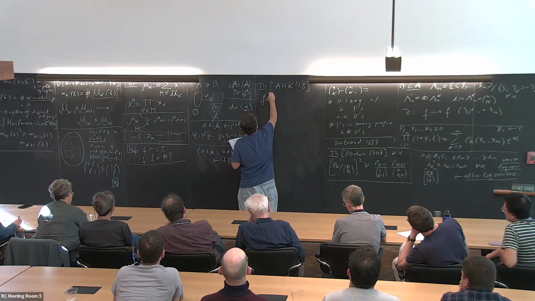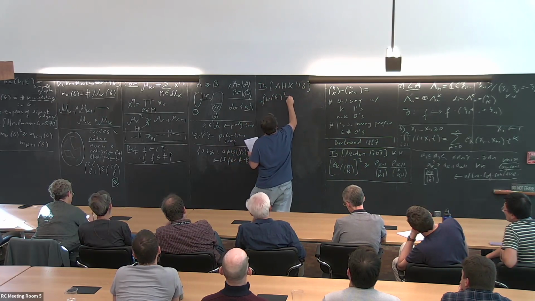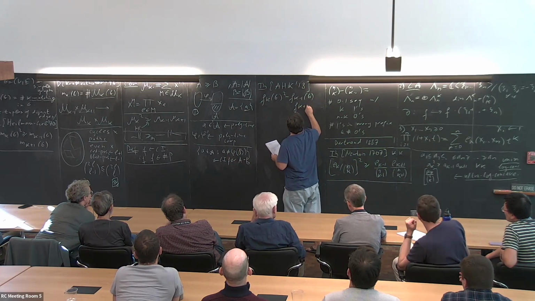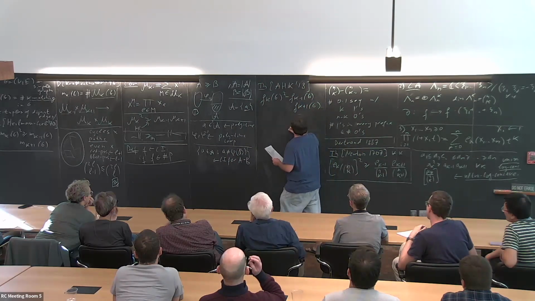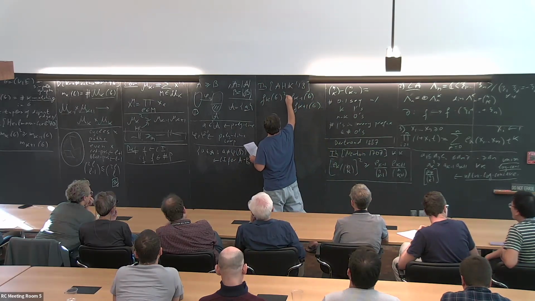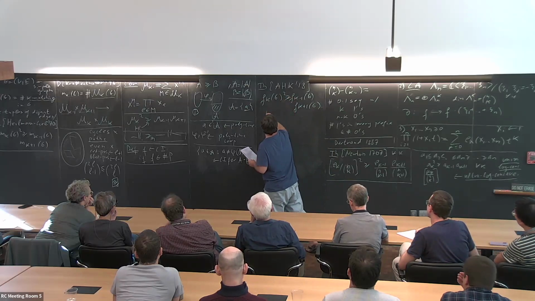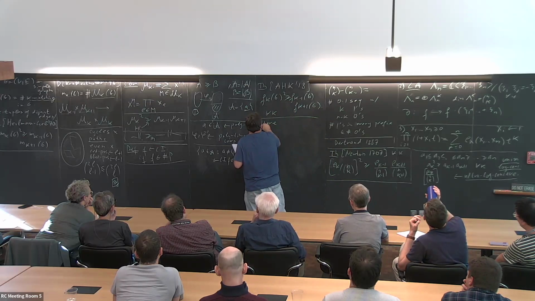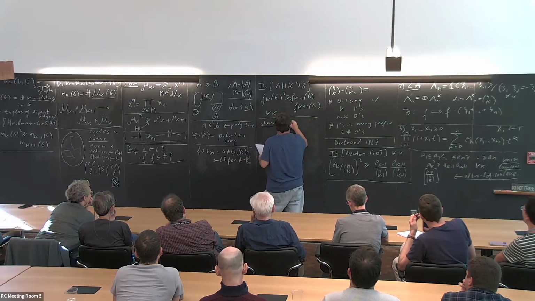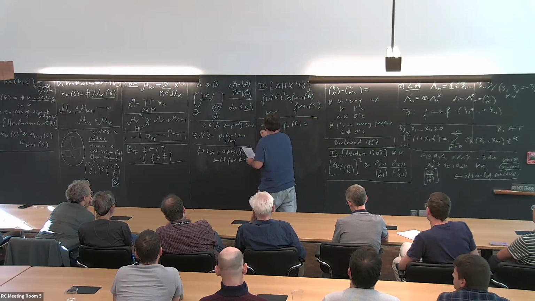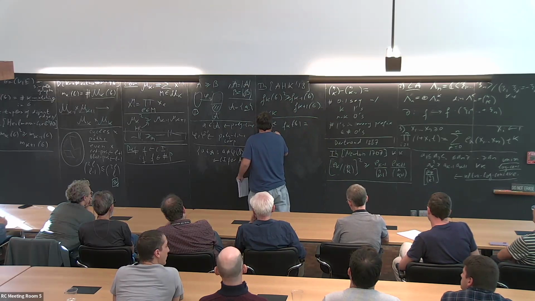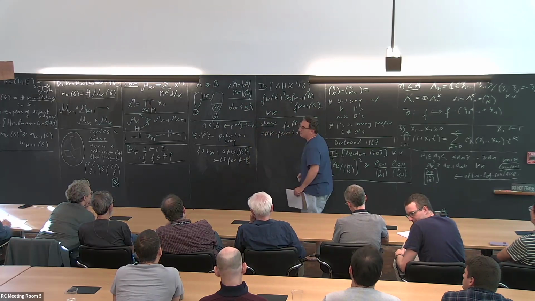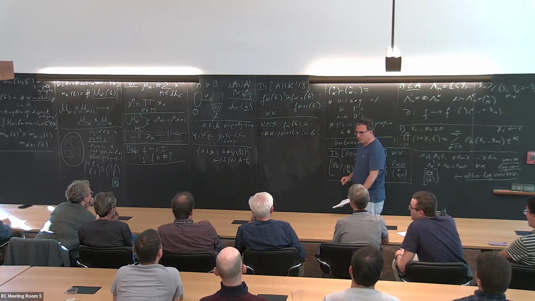It says the following: f_k of G squared minus f_{k-1} of G times f_{k+1} of G is greater or equal to zero, for all k, where f_k of G is the number of k-forests in G.